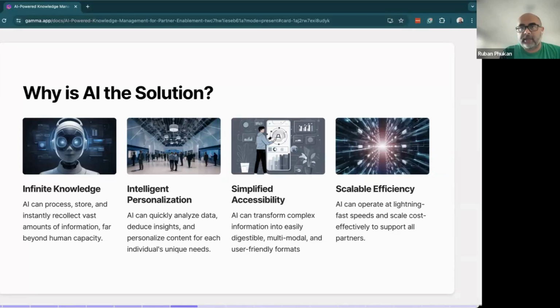It can generate multimodal content from a single source, which means it can take text and generate audio or video, or vice versa between all of those formats. All of this happens at incredible speed, and it can help organizations scale in a very cost effective way. The incremental cost of doing this personalization is negligible compared to what it would take to do it manually.